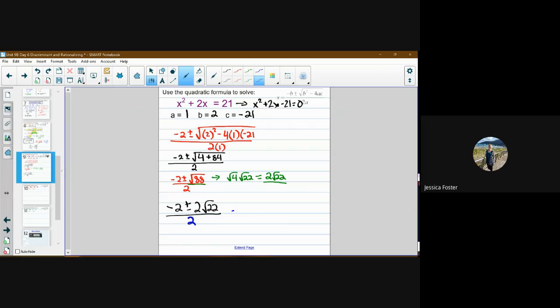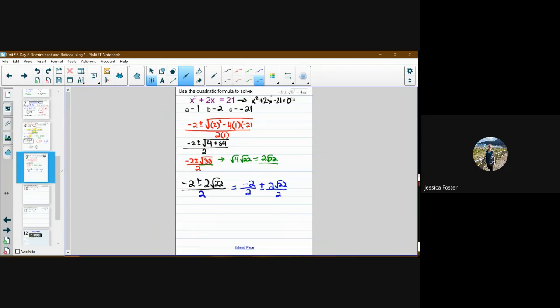So we can rewrite this and think about this as negative 2 over 2 plus or minus 2 the square root of 22 all divided by 2. So all I'm doing is rewriting it into two different parts, just like two fractions. So now looking at this, if I have negative 2 over 2, how would you simplify that? Well, negative 2 divided by 2 is negative 1.